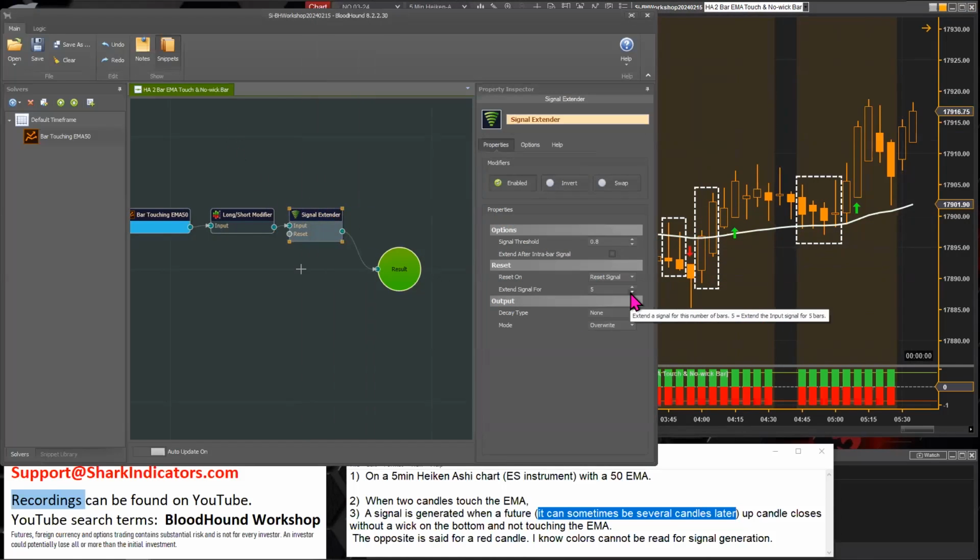So I'm going to set this to 3 bars there. All right. And let's also update the name on this. There. All right, so for now, we're just extending for 3 bars. There we go.